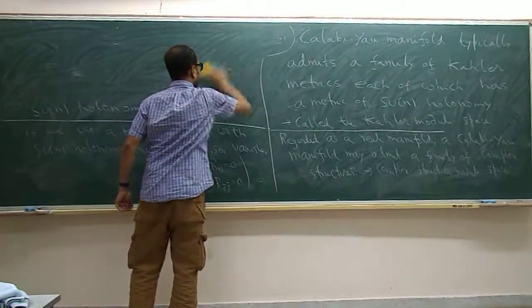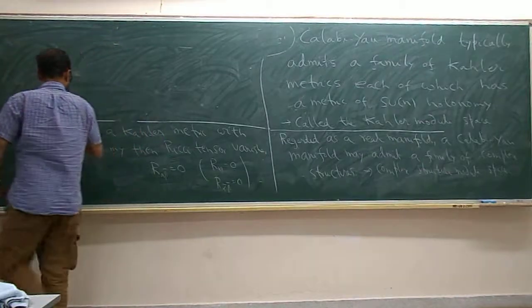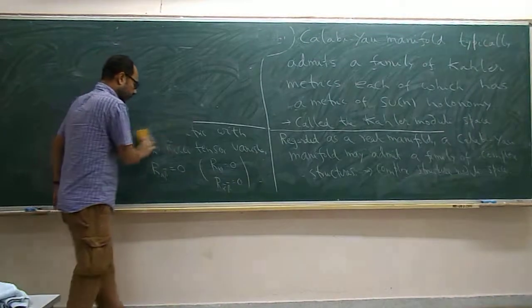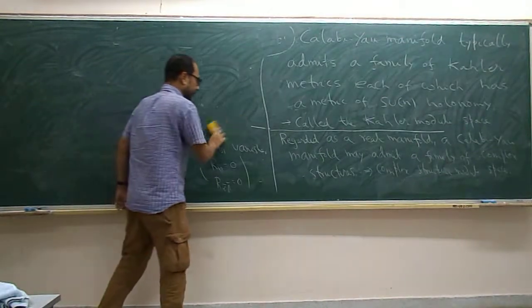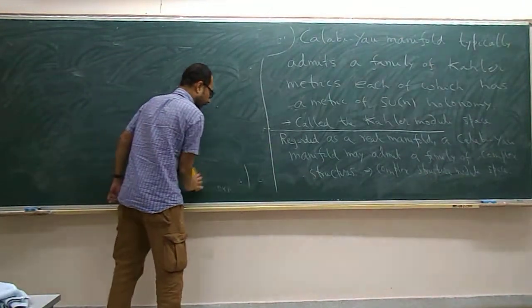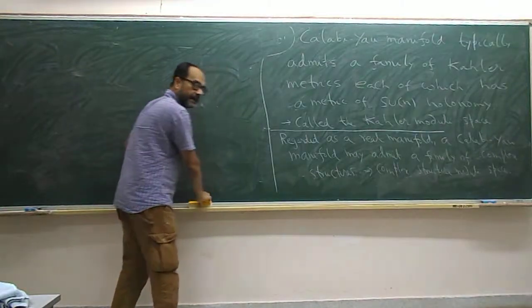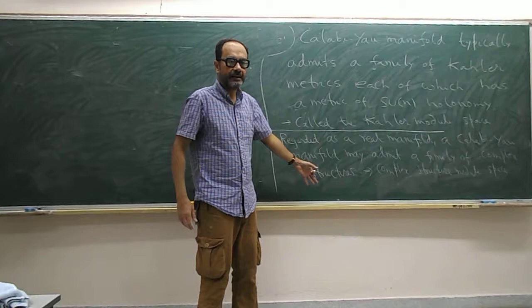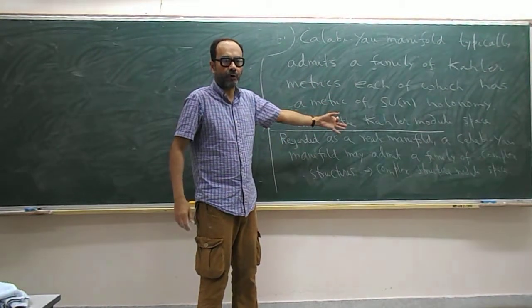Also one question: when you say a manifold is a Calabi-Yau manifold, are you just using the topology, or are you also using the complex structure? It depends on your choice. Normally when you talk about a Calabi-Yau manifold, you are just talking about the topology, and then on top of that you have the whole complex structure moduli space and the Kähler moduli space.